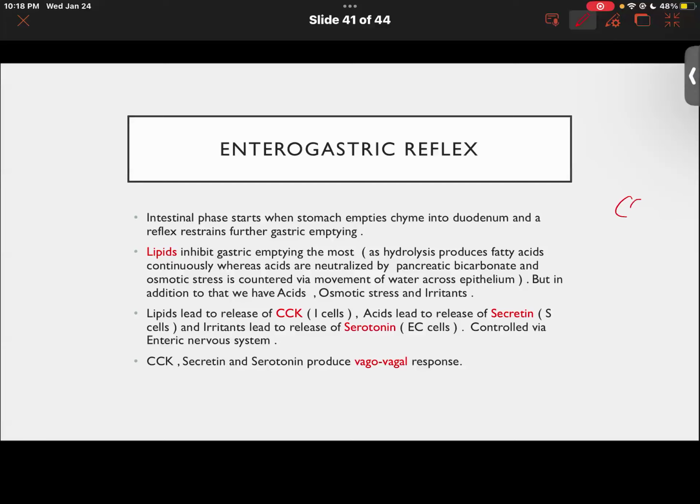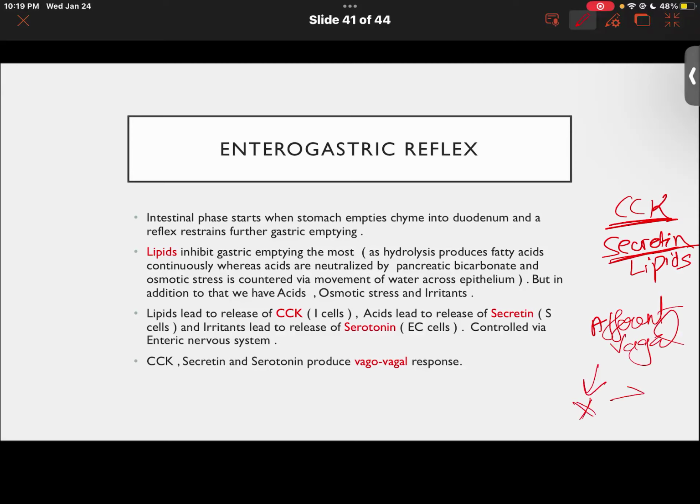We have the CCK, which we studied earlier, we have the secretin, and we have lipids. We already studied CCK and secretin. Okay, we had these earlier. They're released by the I and the S cells, and they activate the afferent vagal, which is the bad guy, and this increases somatostatin and inhibits gastric secretion, right?